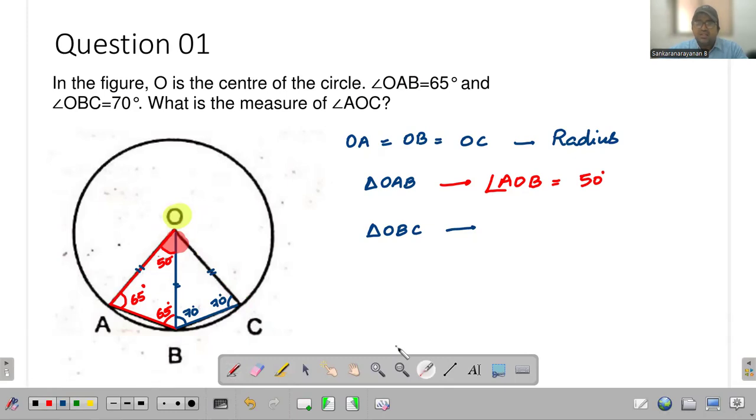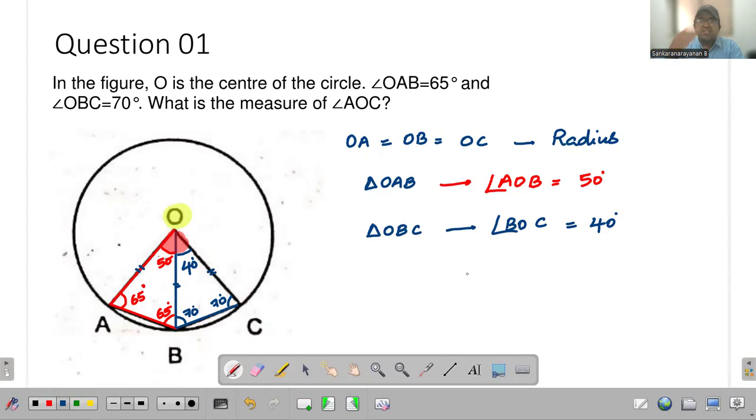So that you can see here 70 plus 70, already it is 140. But look at triangle OBC, the sum of all the internal angles should be equal to 180 degrees. So, can I not thus conclude that angle BOC has to be 40 degrees. So, I shall just mark it here. This has to be 40 degrees, right?